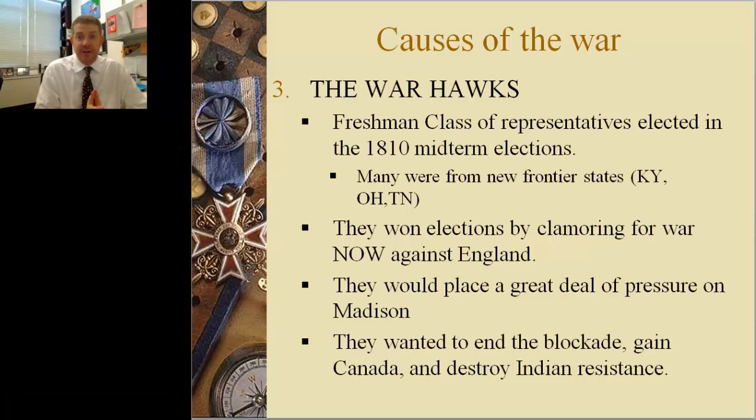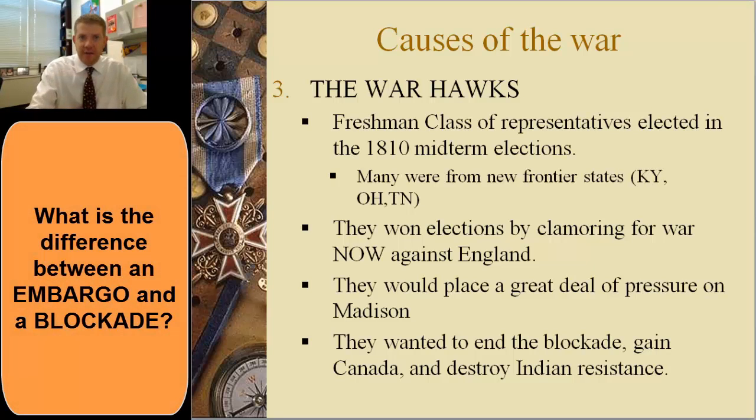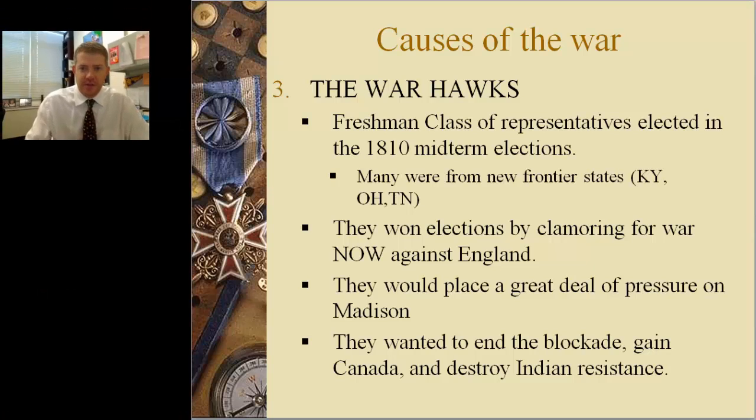So these Warhawks are intent on a few things. England had retaliated against our trade with France by putting up a blockade, so they continued to stop our trade. We want to fight England to stop that. England still had possessions in North America and Canada. We wanted to gain those, and England was arming the Native Americans on our frontier. We wanted to destroy that resistance.